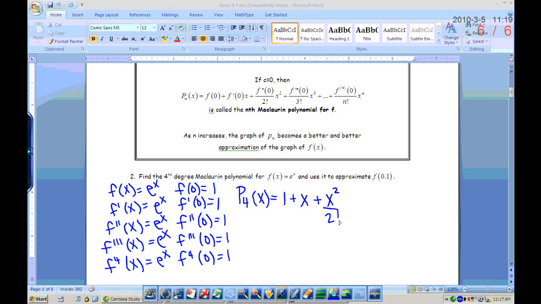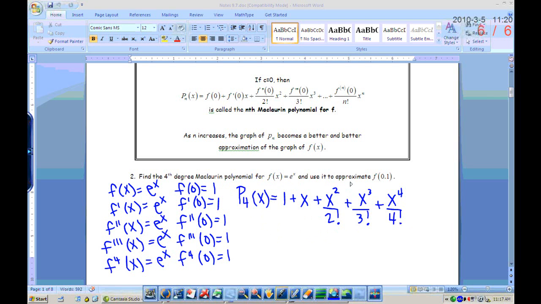So 1x squared over 2 factorial, plus the third derivative at 0, which is 1 times x cubed over 3 factorial. And what will the fourth term be? 1x to the fourth over 4 factorial. And notice that your factorials also match the power of the exponent of x and the derivative number. Okay, so find the fourth degree Maclaurin polynomial for f of x equals e to the x. That's what I've done right here.